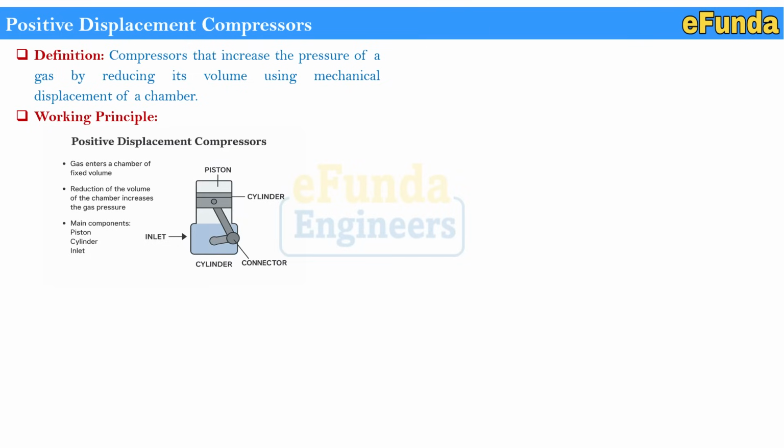Here basically a gas is drawn into a chamber of a fixed volume, then a mechanical element such as a piston, screw, vane or lobes reduces the chamber volume. As volume decreases, gas pressure increases. The compressed gas is then discharged when it reaches the desired pressure. This is how a positive displacement compressor works, and we'll see the types further going ahead.